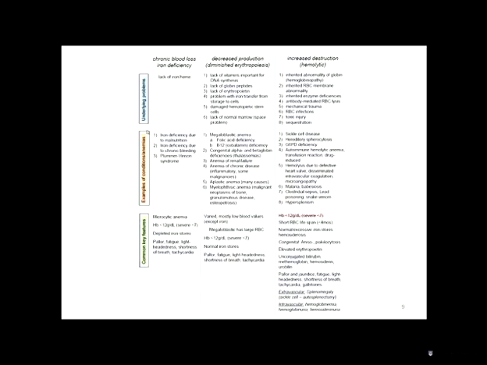So the chart shows you underlying problem for each of these groups, okay? It shows you examples of conditions that you should be aware of that belong to each of these groups. So you have 3 in the category of blood loss, iron deficiency. I have 6 here listed for you in the group of decreased production, and 8 of them listed in the group of increased destruction.